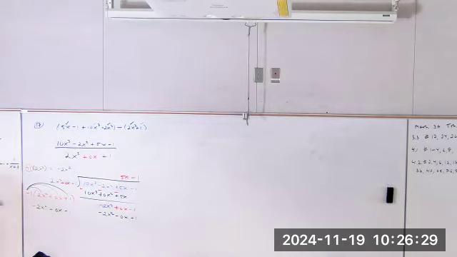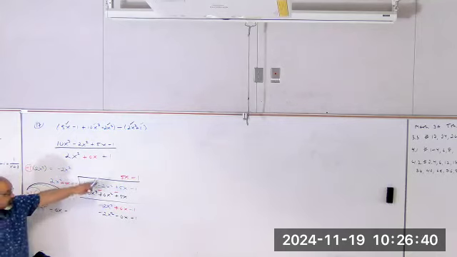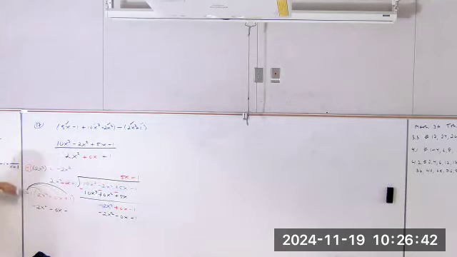Now, if you don't want to do this work up here, if you can figure it out, what times 2x squared is negative 2x squared? What times 2x squared is 10x to the third? You can figure those out without doing this stuff over here. That's fine. If you can do the distribution without writing it over here, I'm fine with that.